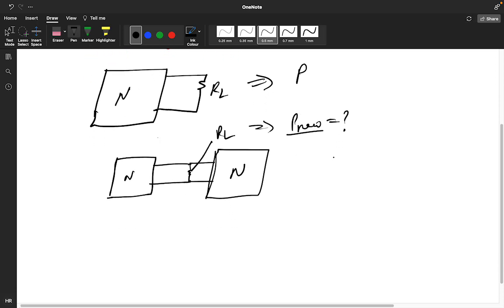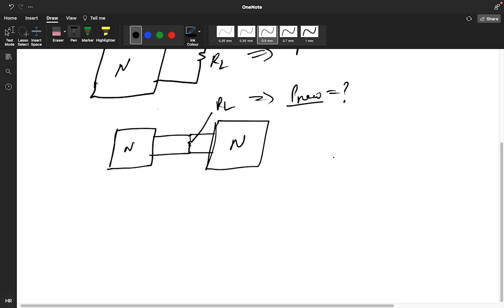So guys, suppose this network and this network are identical. I am assuming this particular network as VTH, RTH, and this is my RL. So what will be the current I?